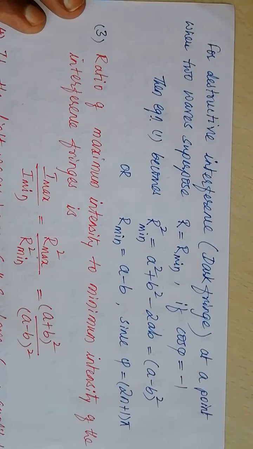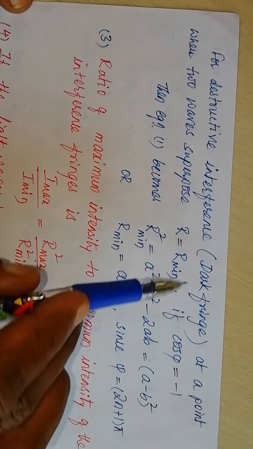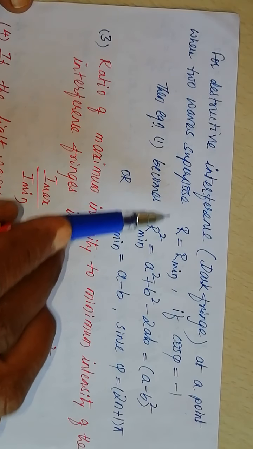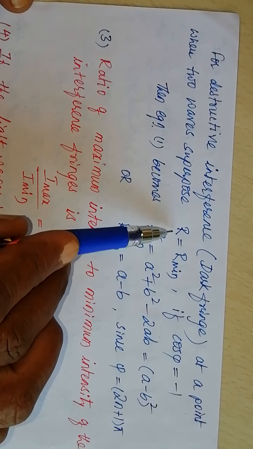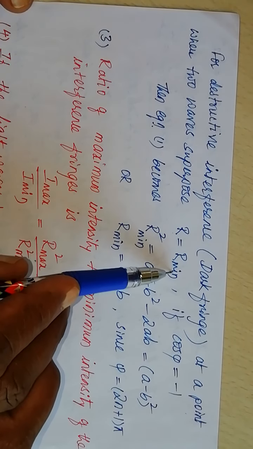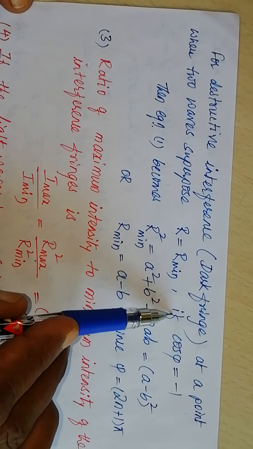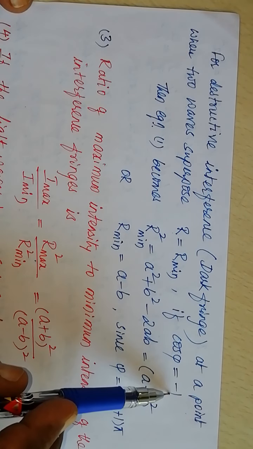For a destructive interference, for a dark fringe at a point on the screen where the two waves superpose, R must take minimum value, R equals R minimum. That is only possible if cos phi is minus 1.